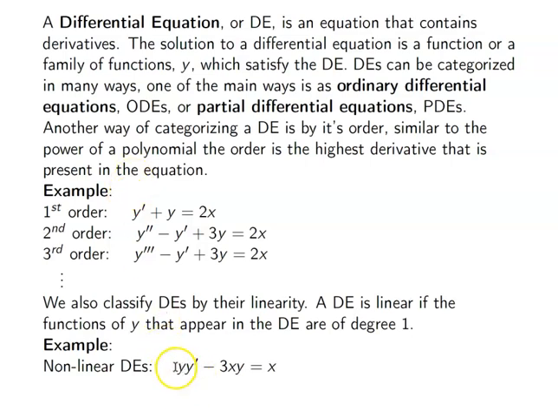So let's say I divided everything by y. This would be y prime minus 3x equals x over y. So then the term that would be there would not be a degree of 1, it would be a degree of -1, right? So the problem that I have here is this y times its own derivative. So the y times y prime is our non-linear term, okay?